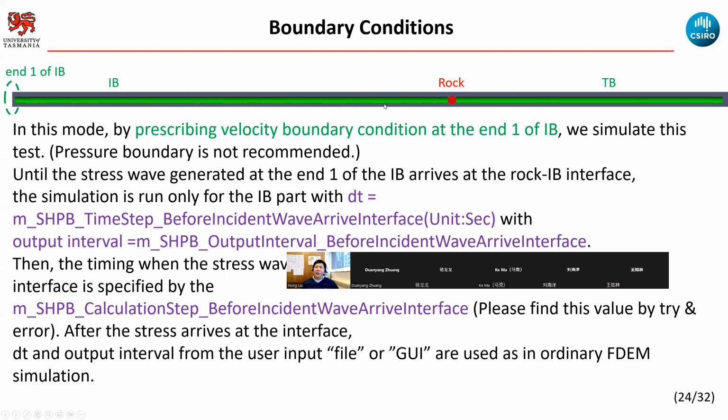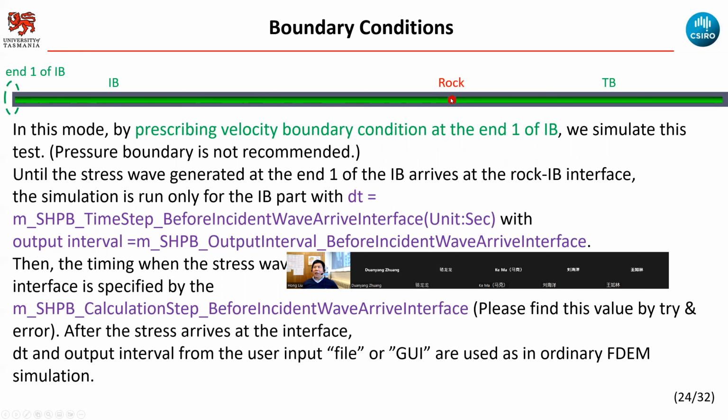As we said before, we have the stress wave propagating here. Initially we can make the time step bigger, and the outputting interval is unnecessary to be much, so we can give 10 thousand, which is special here.